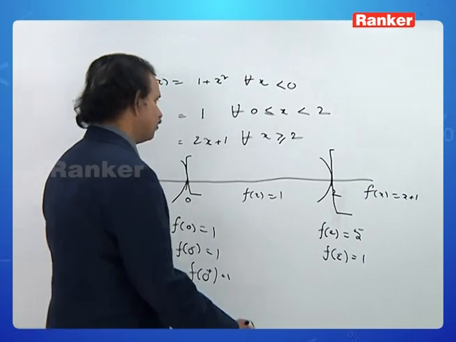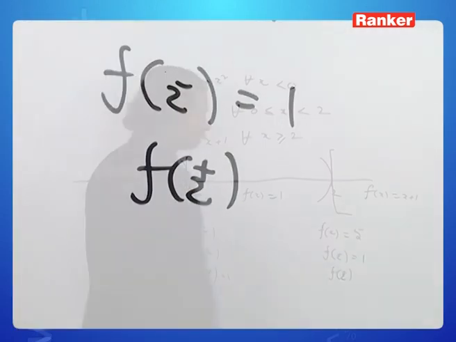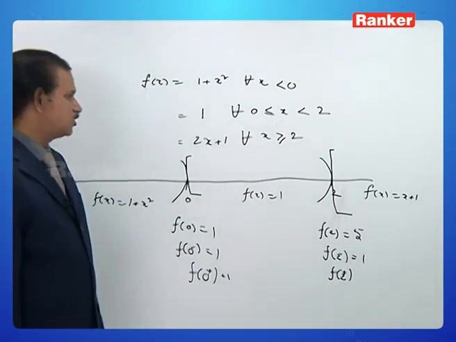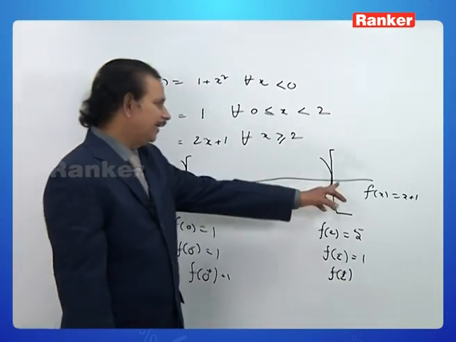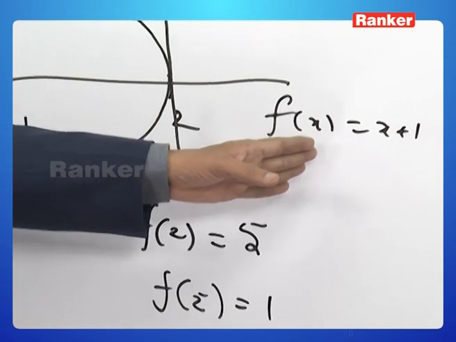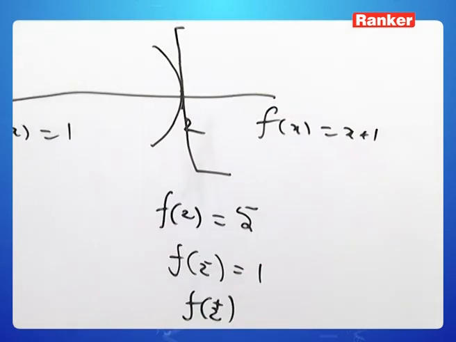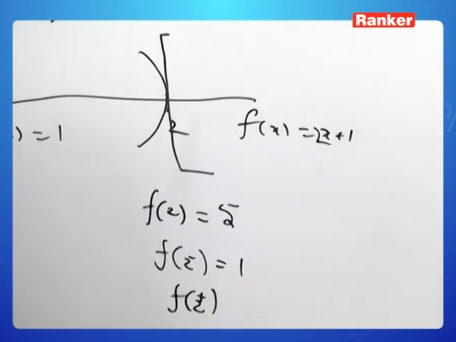However, f of 2 from right, let us now find it. What do you say about it? 2 from right means more than 2. x is supposed to lie here, which means it is supposed to satisfy this function. That is, it is 2x plus 1, not x plus 1.